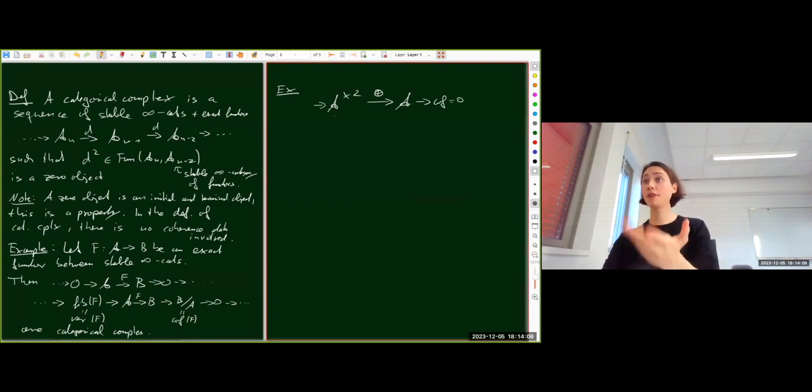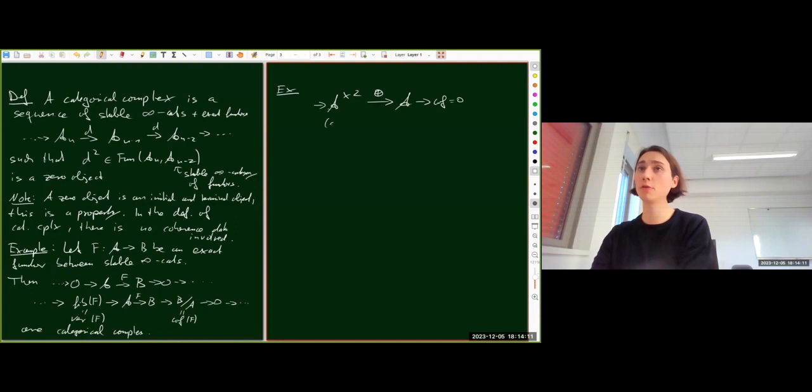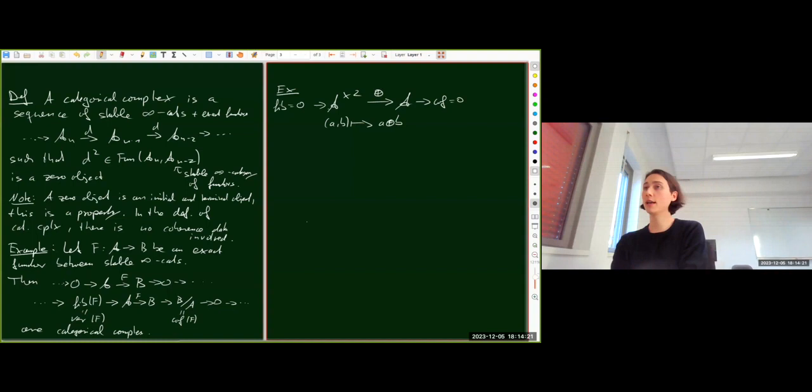But when you ask for the fiber, which elements are mapped to 0? Well, (A, B) is mapped to A plus B. This is only 0 if both A and B are 0. So the fiber is also 0. But this is not an equivalence. So you now have an example of a functor which is not an equivalence, but whose naive homology is 0.